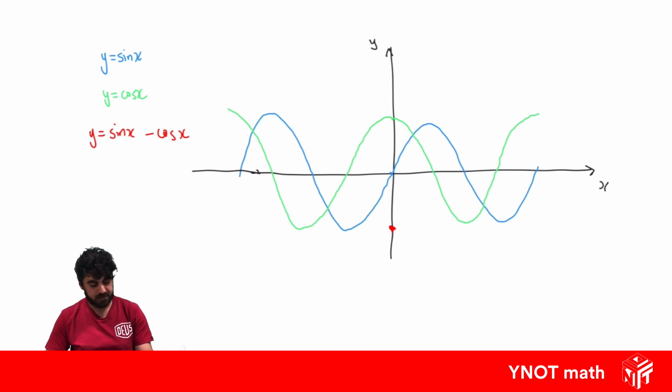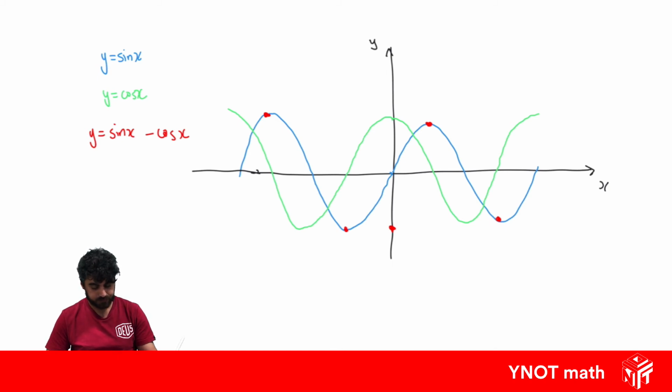So -1 minus 0 is still -1, so we're going through that point. So you can see whenever we're subtracting a 0 value for cos x, it's just going to intersect where sine x is. So all those points where cos x equals 0, we're just going to be intersecting on sine x. So let's mark all those down. All of those points where cos x equals 0 are there, and we're intersecting through sine x.